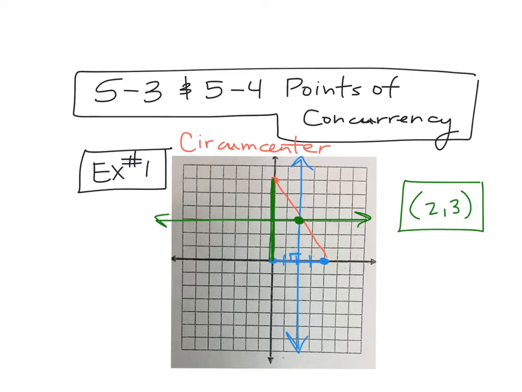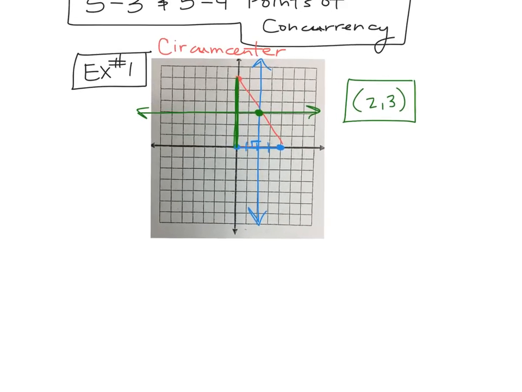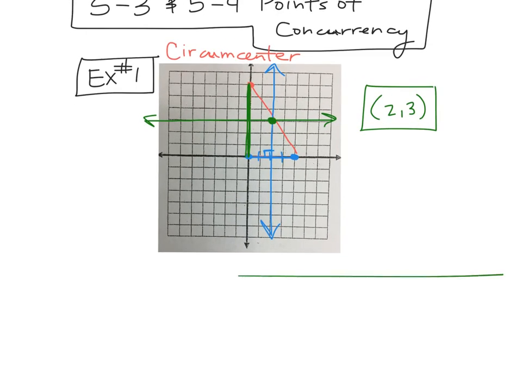Okay, sometimes they don't give you a graph. Sometimes they just give you points, and that works just the same. If you want to graph it, you can graph it, or think about what we just did. Essentially, we found a midpoint of our 2 sides, right?